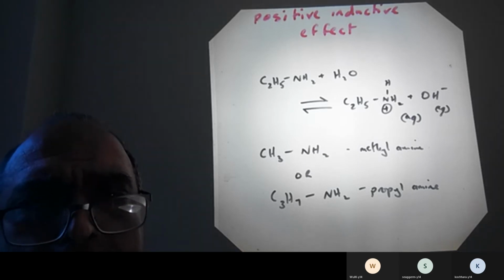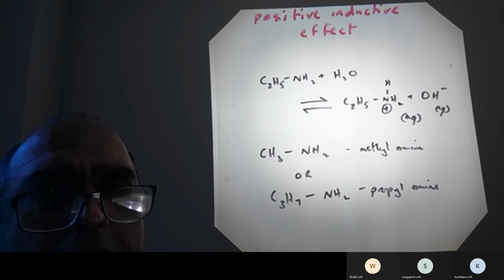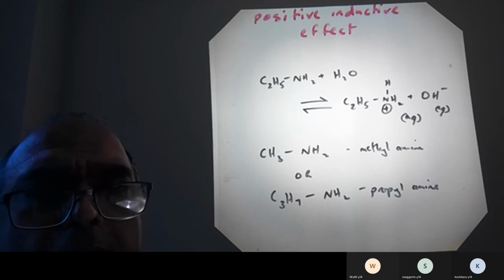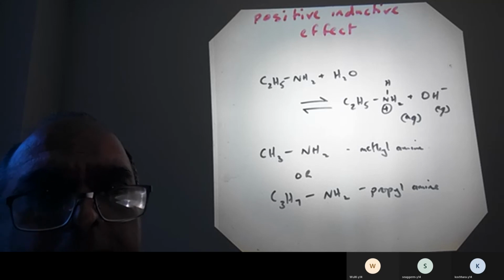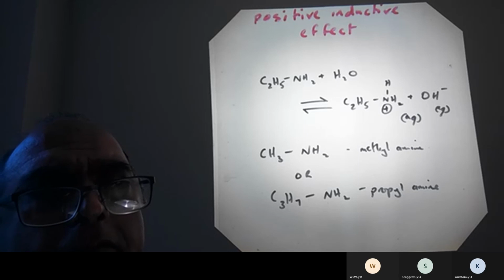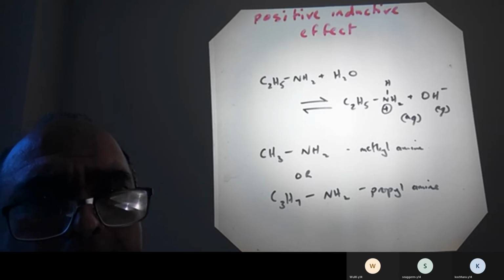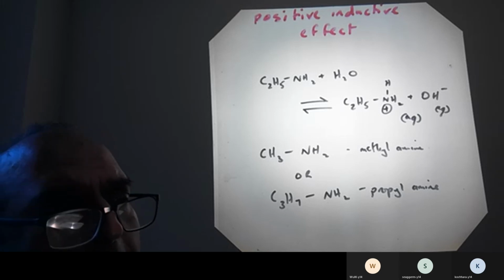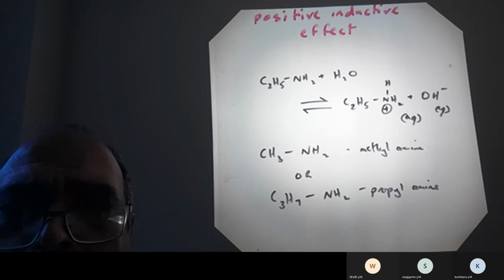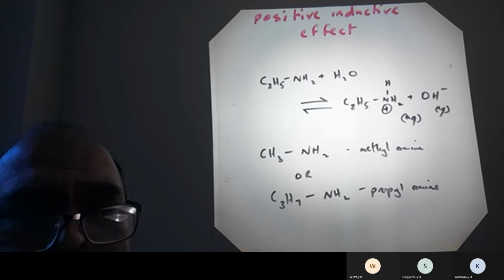So methylamine, a smaller group, will be a weaker base than ethylamine. What about propylamine? That propyl group is a bit bigger than the ethyl group, and therefore propylamine will be a little bit stronger as a weak base.